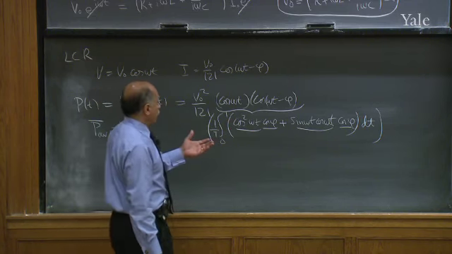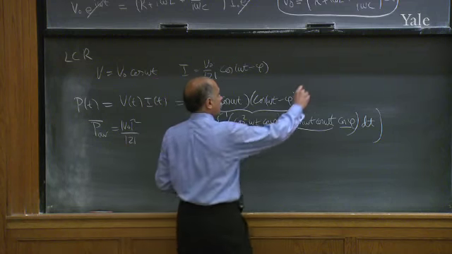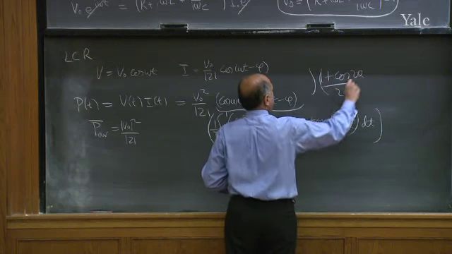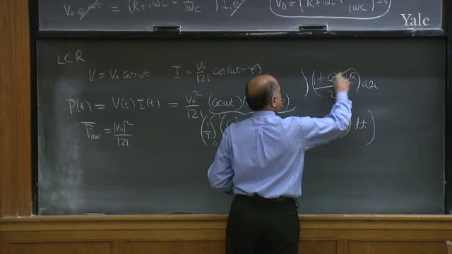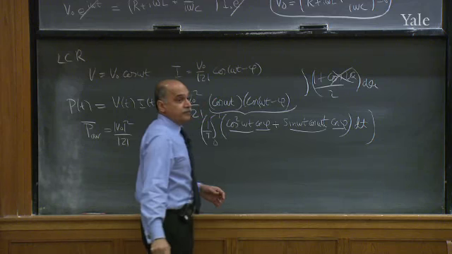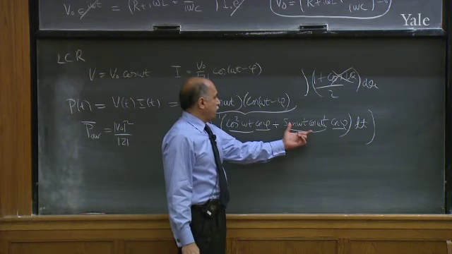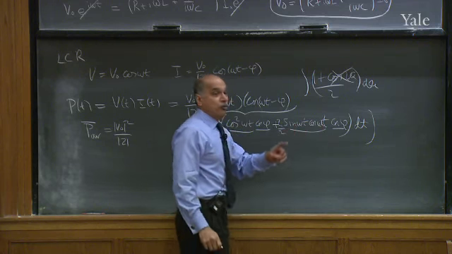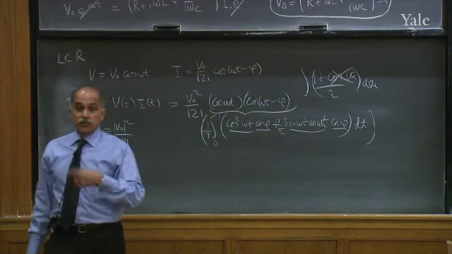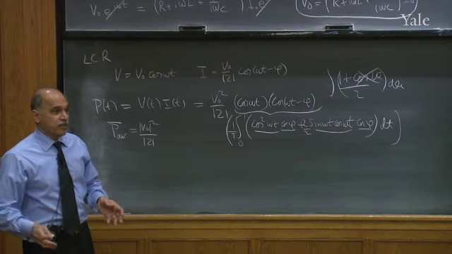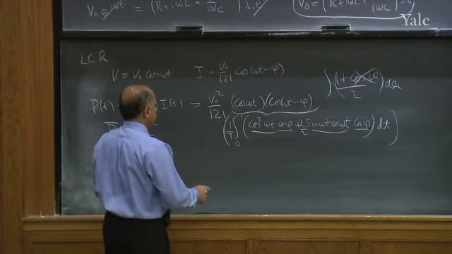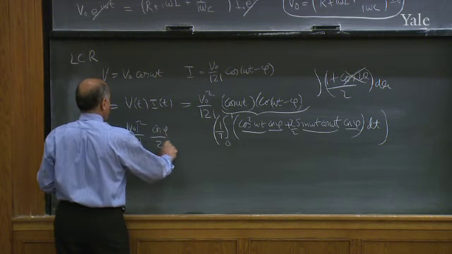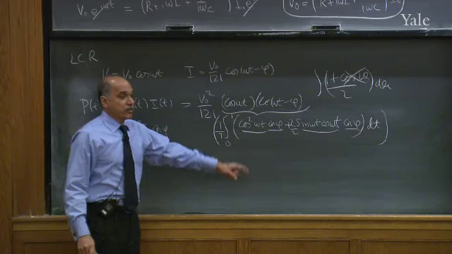One is to say cosine squared theta is 1 plus cosine 2 theta over 2. And if you integrate that guy over a full cycle, the cosine 2 theta is periodic, gives you 0, you get 1/2. Sine omega t cos omega t, if you put a 2 and divide by 2, is proportional to sine 2 omega t. That guy completes 2 cycles in one period. Its average is definitely 0. So the only thing that survives from all of this is the cosine phi term and the 1 over 2, because the average of cosine squared is 1/2.